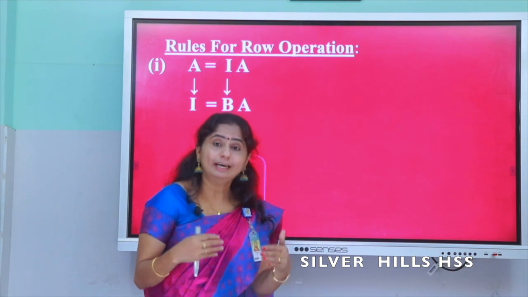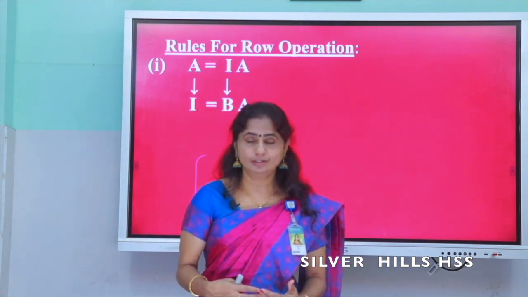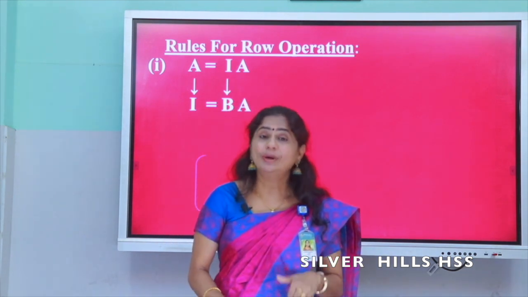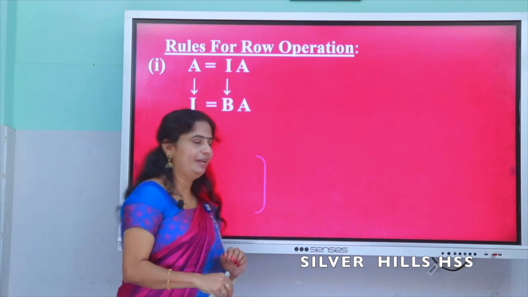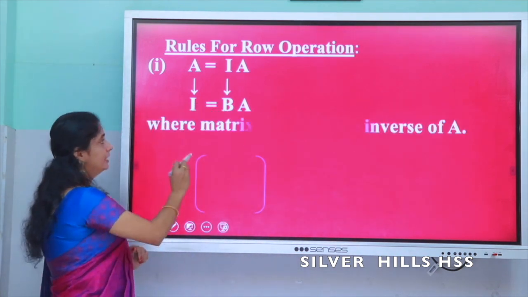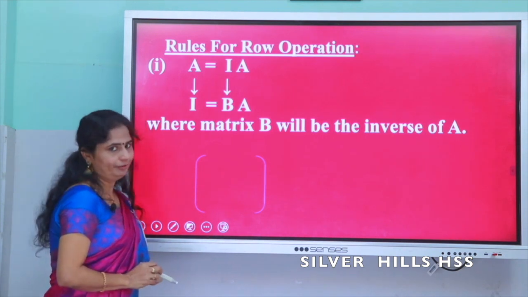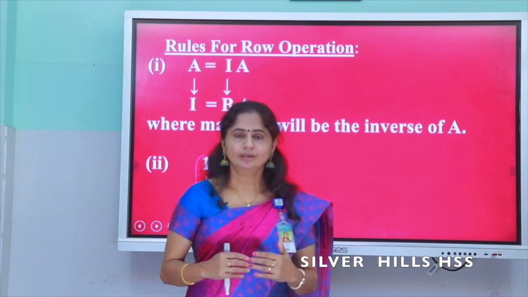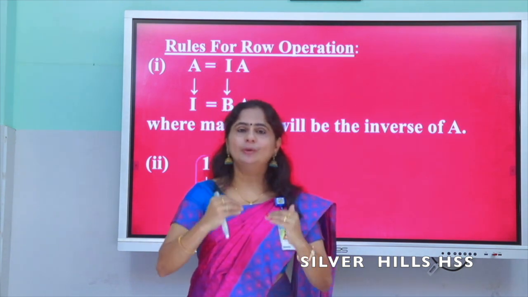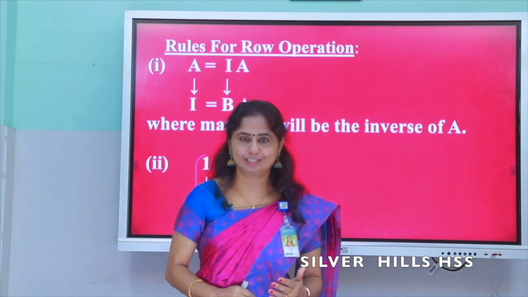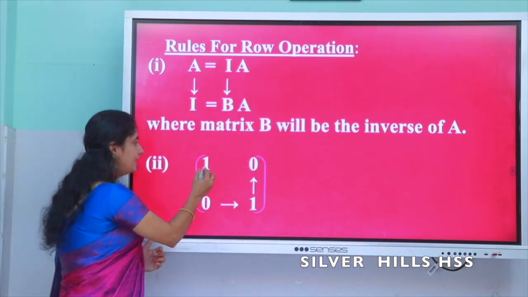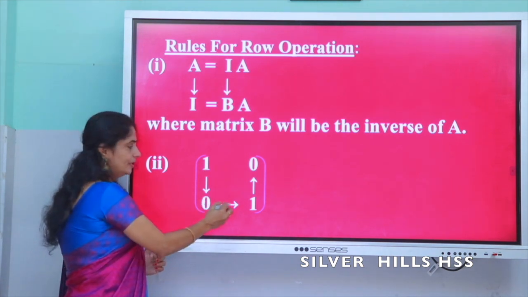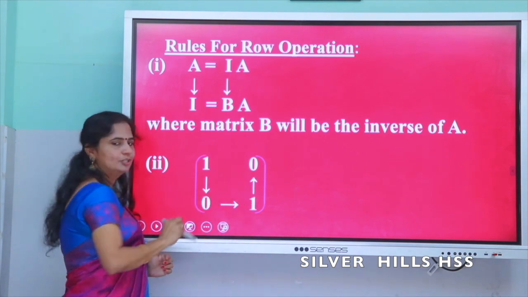Therefore, by the definition of the invertible matrices, if AB is equal to BA is equal to I, we can say that B is the inverse of A. And the second rule is that when you are bringing A into an identity matrix on the LHS, we should bring it in this way, that is 1, then down 0, then make this element 1 and this position 0.